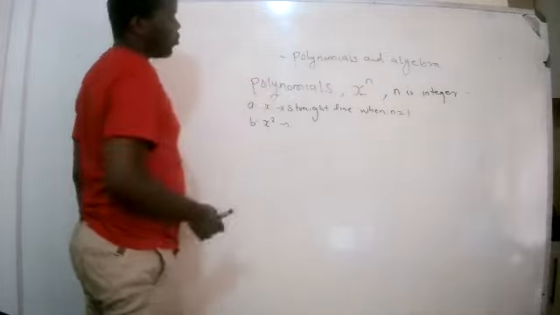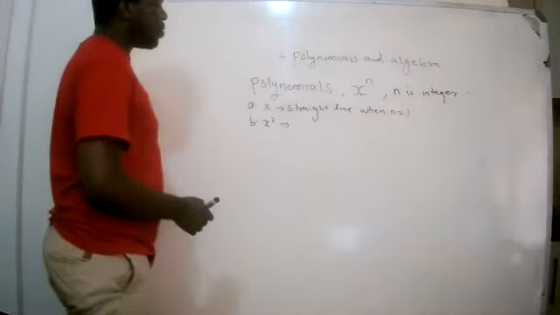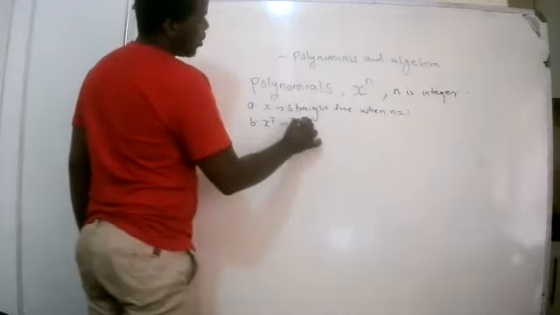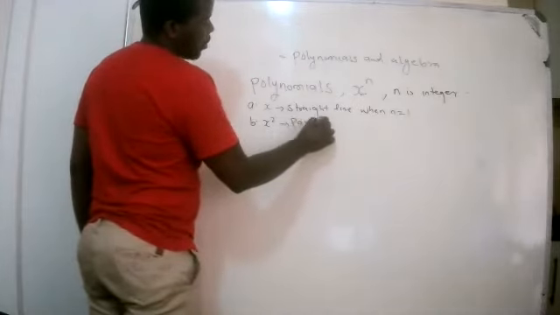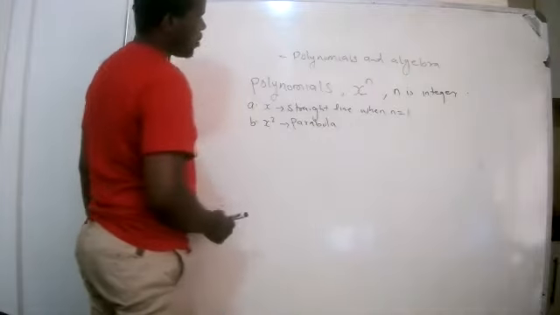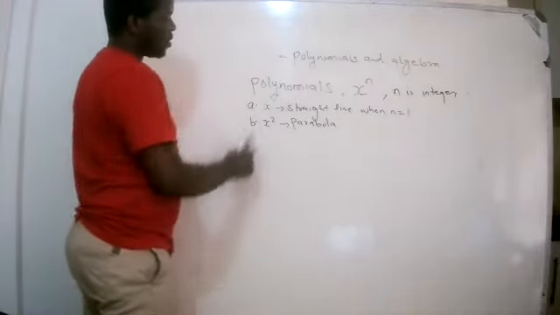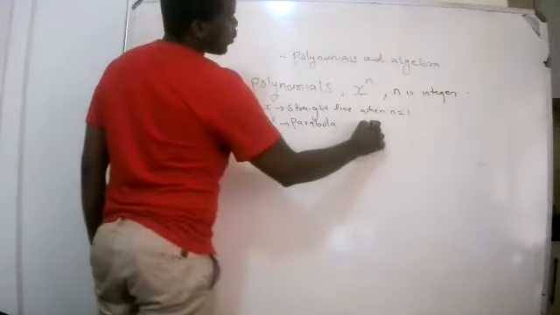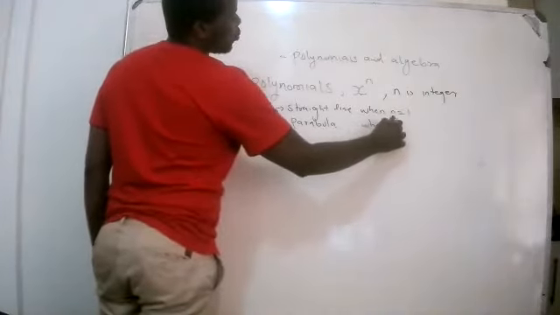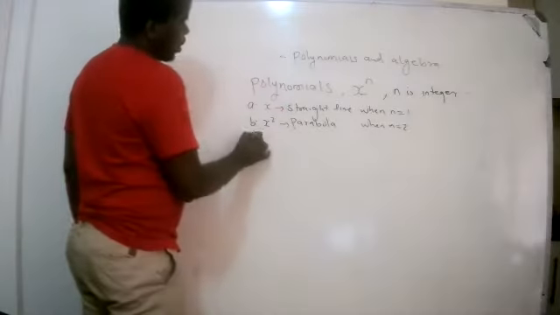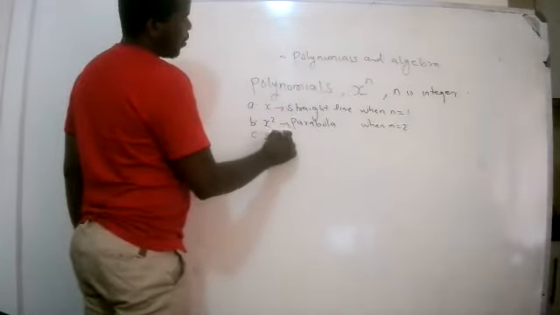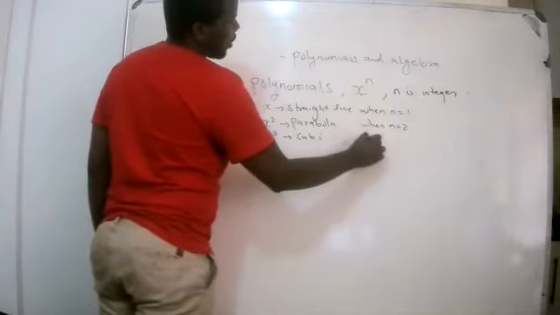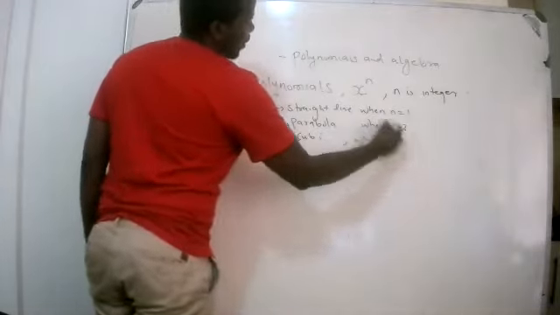I know you don't know these by names, but I believe it doesn't cause any harm to give you names of these functions. So we have x squared, which we call a parabola, and that's when n is equal to 2. And then we also have what is called the cubic function. This is when n is equal to 3.